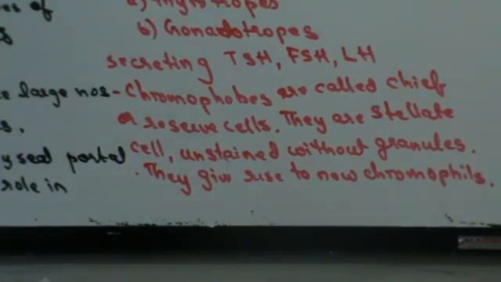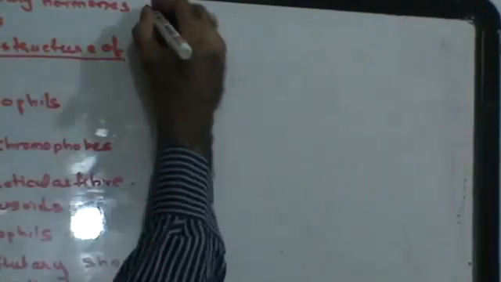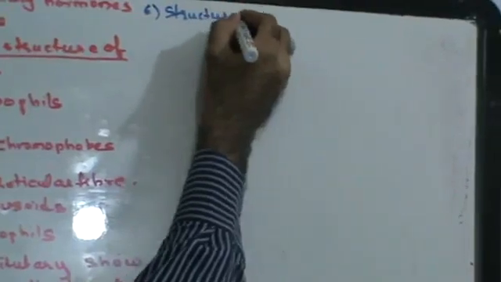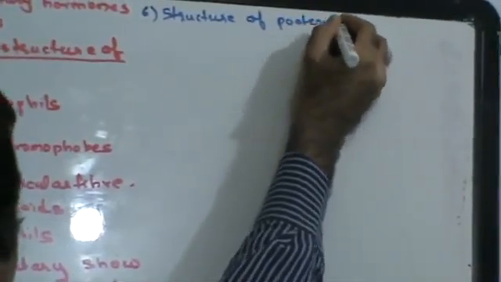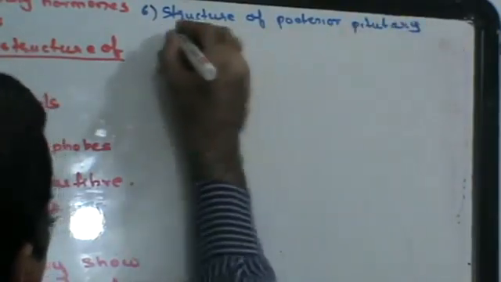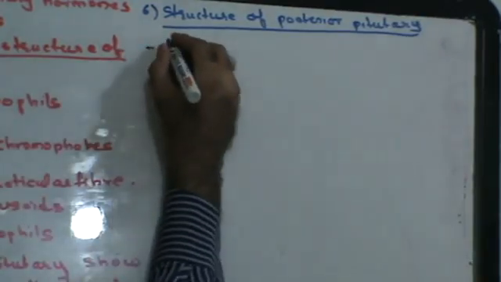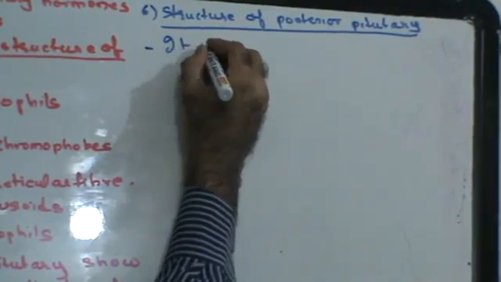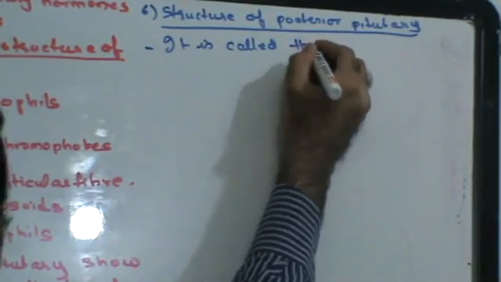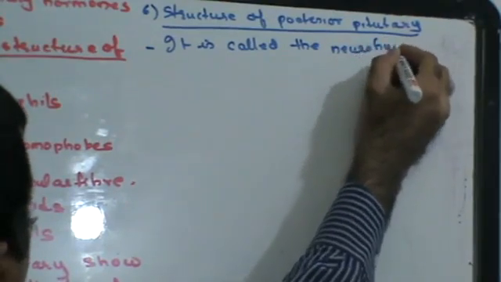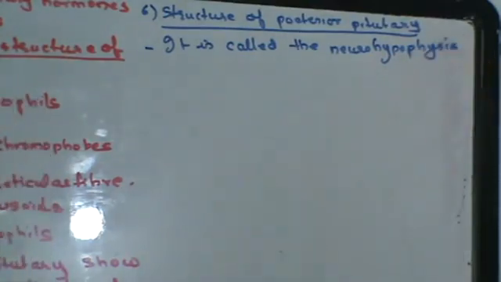Now let's try to understand the structure of the posterior pituitary. As we have already seen in the diagram, the posterior pituitary is called the neurohypophysis. Right?